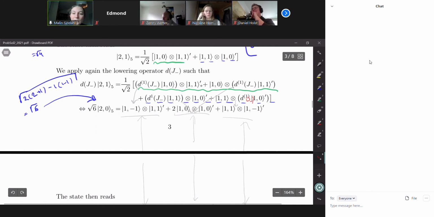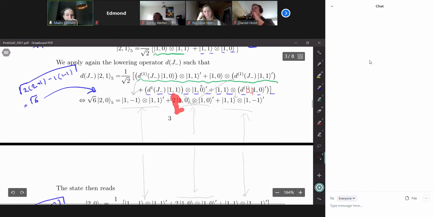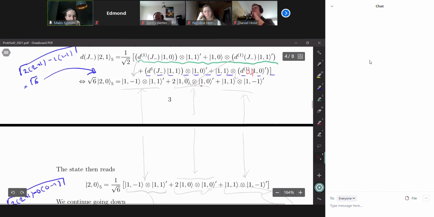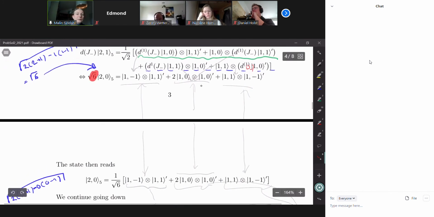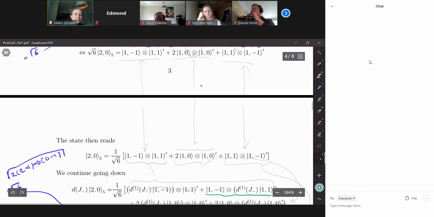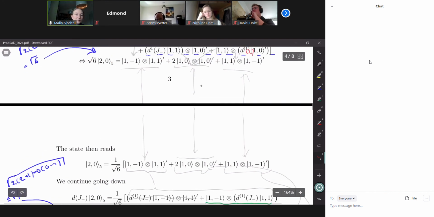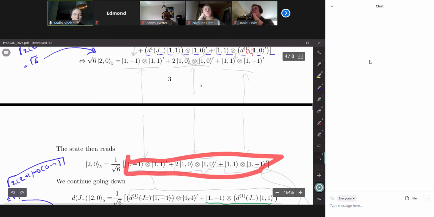Whereas to obtain 1, 0 and 1, 0 for the second state as well, one could go down in 2 different ways. So we have this factor of 2 here. Then the state is obtained by just dividing out this, 1 over root 6. So the state, here it goes, it's 1 over root 6, this thing here, copy pasted down there.